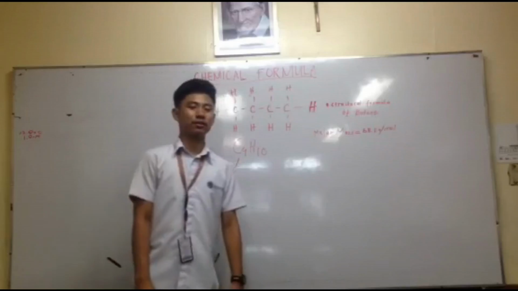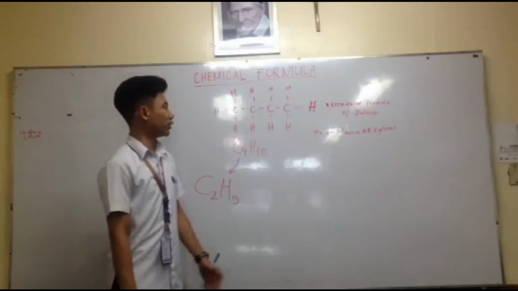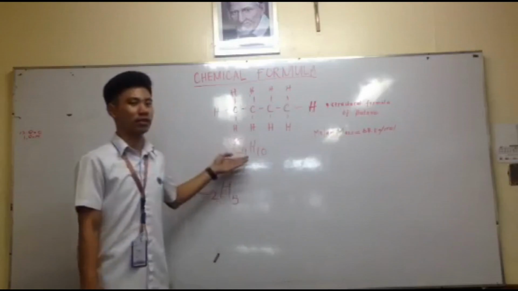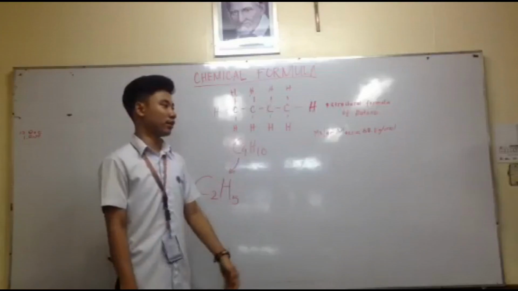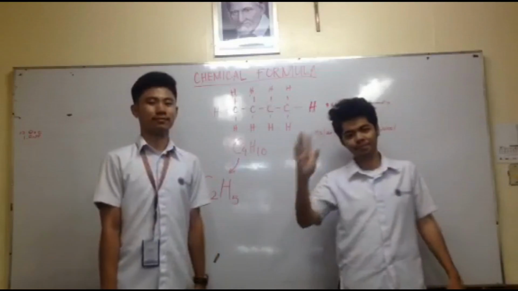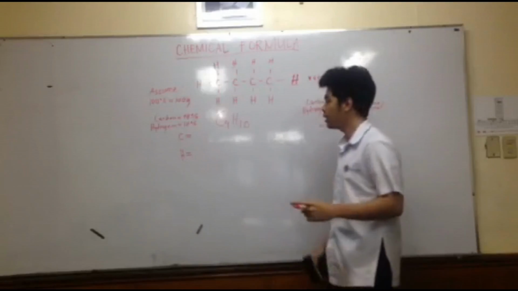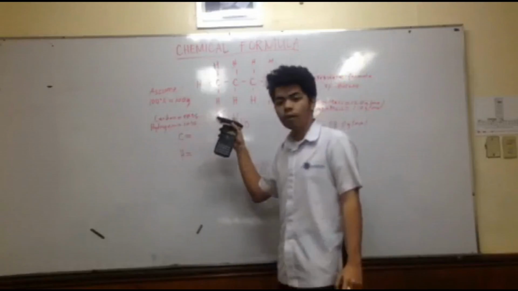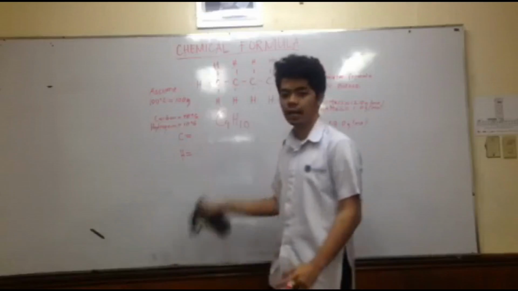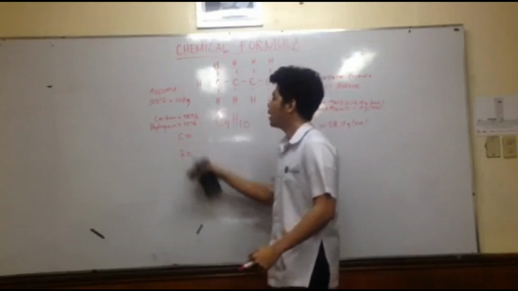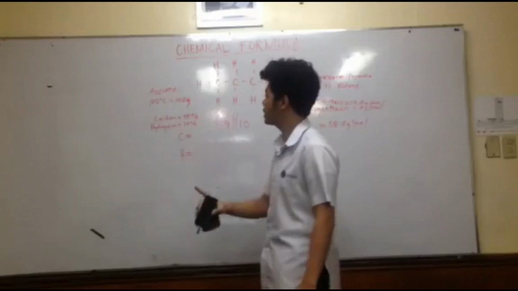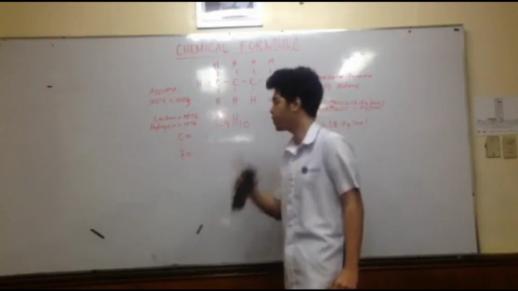Thank you, Mr. Demelites. And now, we are going to calculate why it has C4H10. Let's say that carbon has 48% and hydrogen has 10%. And let's also assume that 100% is equal to 100 grams.